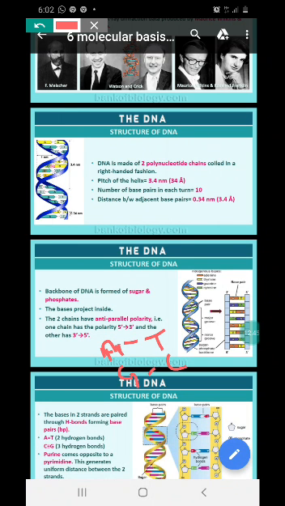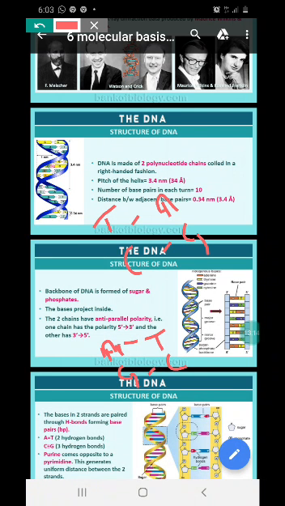Also you should know that A, adenine, always base pairs with thymine, and G, guanine, always base pairs with cytosine. It can also be T and A, not only A and T, and it can be CG, like that.